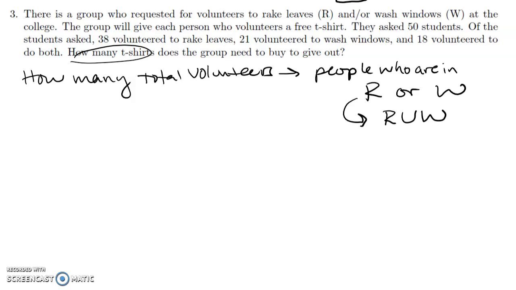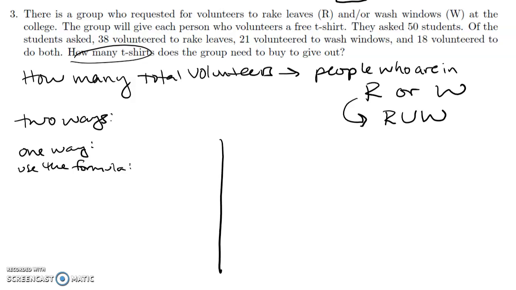Now there's two different ways that we could solve this problem. Either way you do it is fine. We could use the formula, or another way to do it is to use a Venn diagram.